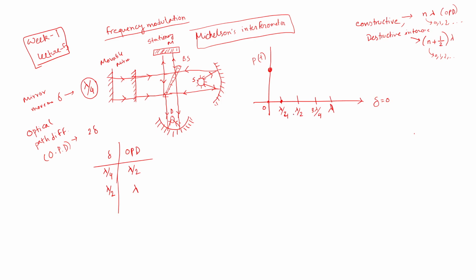When the delta is lambda by 2, your OPD becomes lambda, and we will get a constructive thing, and we will again get some point here. At 3 lambda by 4, we will have destructive interference, at lambda we will again have constructive interference. There will be in-between points, so this is not a continuous line, it will go like this.